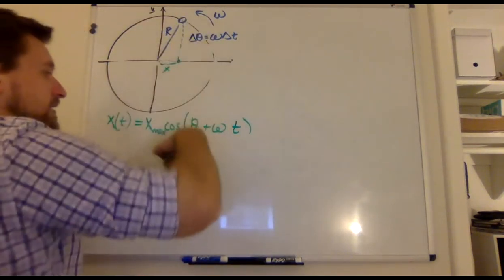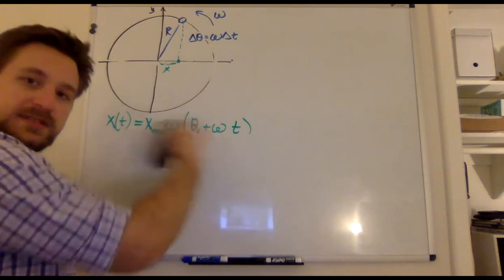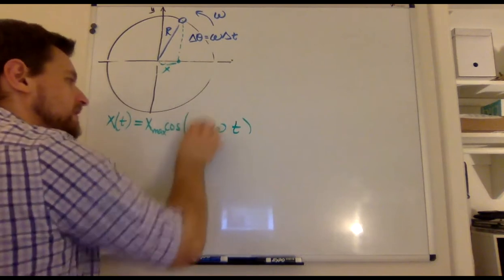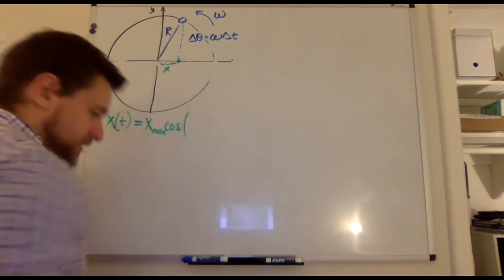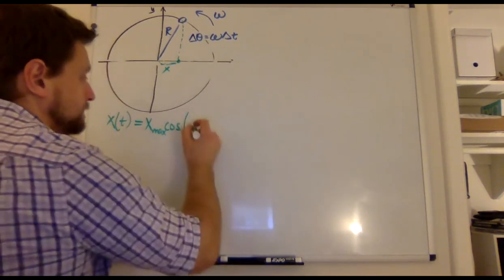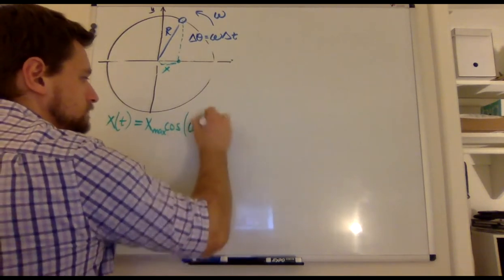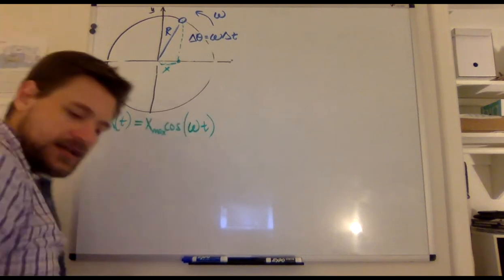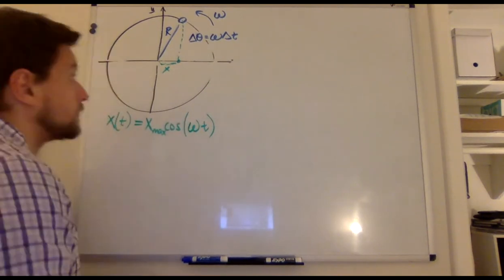So we don't need the initial theta because it's 0. We start when theta initial is 0. So the only thing we need in the argument of the trig function is omega t. Just keep things kind of nice and straightforward there.